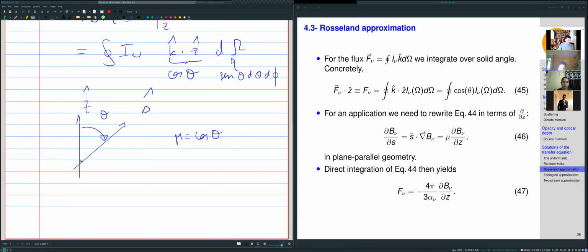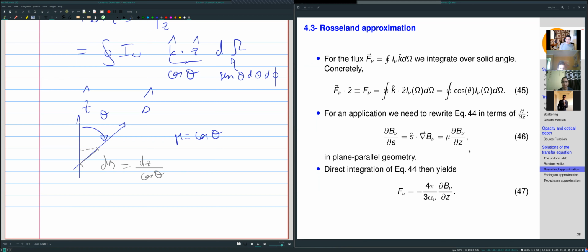If I look at an element along ds, we have that ds is dz divided by cosine theta. And so that's how we get to this expression here. Nitia, is that clear? Do you want me to expand further on this? Okay. This is clear for me.